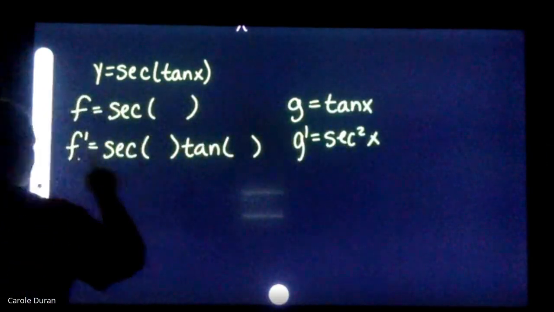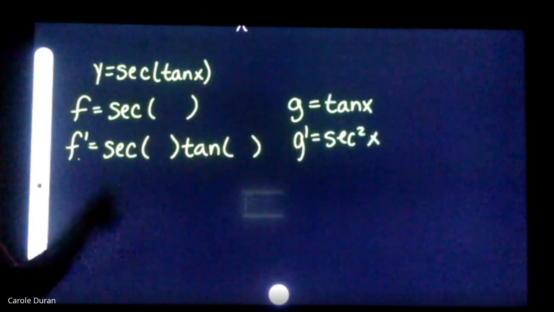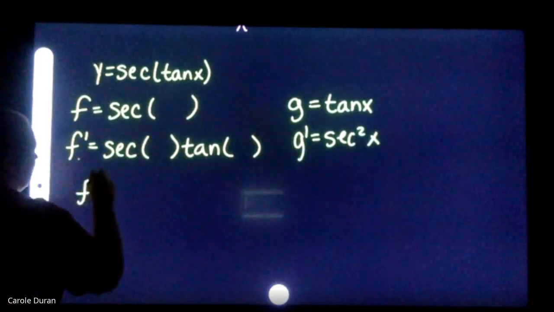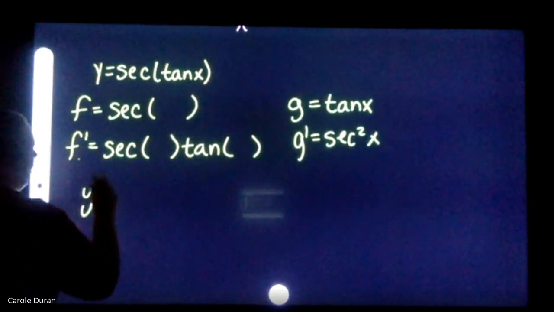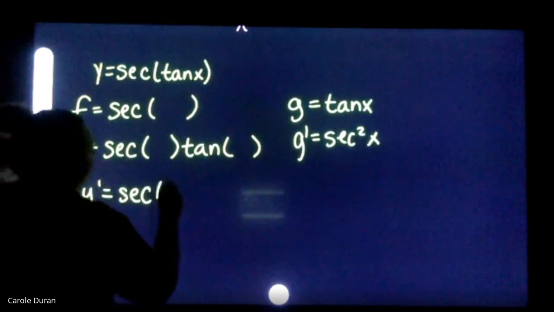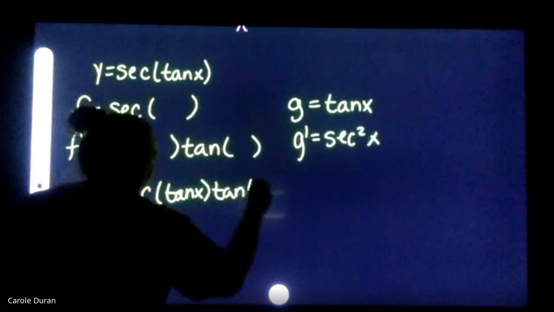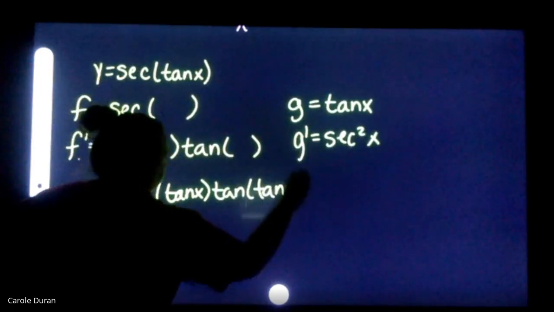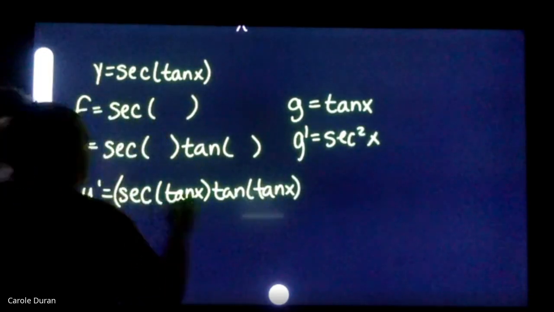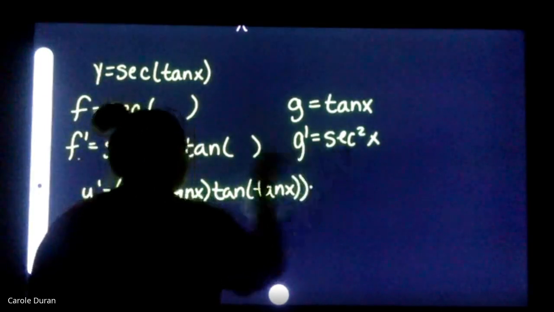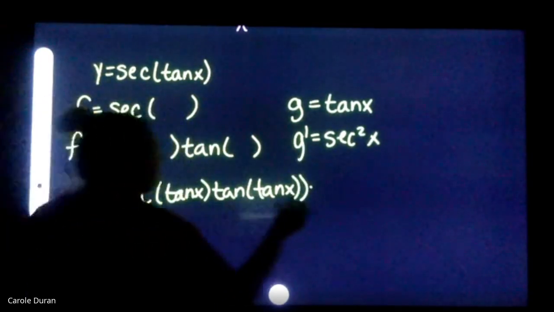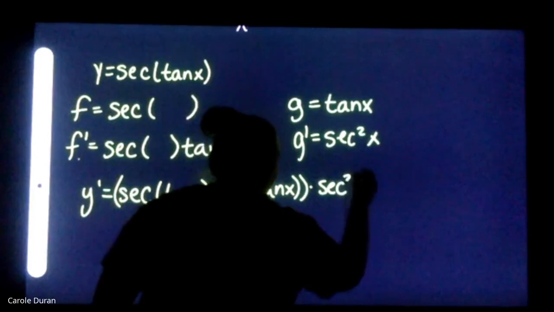So the derivative is the derivative of the outside with the original inside. So that means it's going to be secant of tangent of x times tangent of tangent of x. And then all of that times the derivative of my inside, which was secant squared of x.